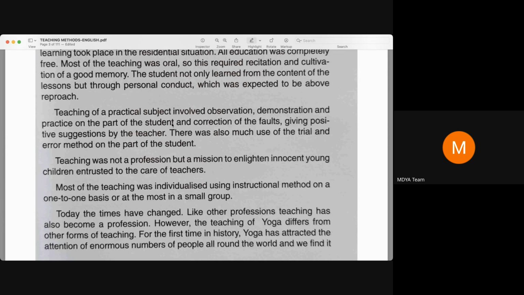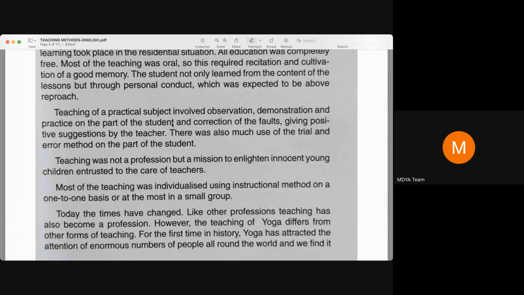The teaching of a practical subject involved observation of how the teacher was doing and demonstrating that particular practice. Then the students would repeat as they got it from the teacher, and the teacher would correct the faults and give positive suggestions, which the students adopted and followed.